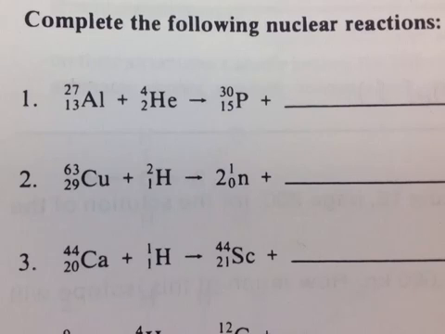So what we have is 27 plus 4, which gives us 31. Now when we look at the other side, we have the 30. We have 31 on this side, we have 30 on this side. Therefore, we need to include a 1, so that 30 plus 1 would equal our 31.